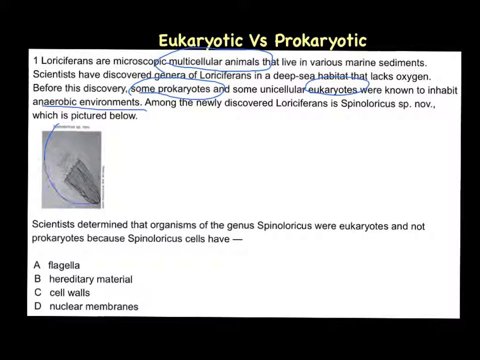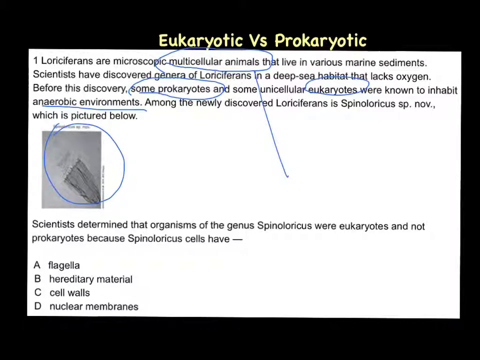If you look at the drawing or the photograph, there are not so many clues over there. We don't see a clear nucleus, right? And basically, the student has to rely on their previous knowledge about eukaryotic cells and prokaryotic cells.